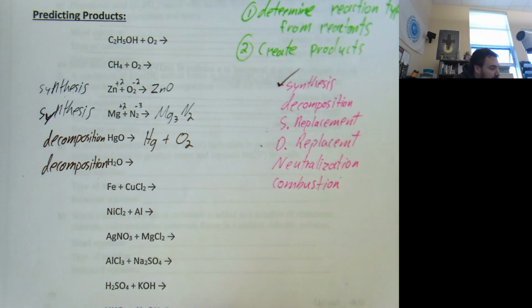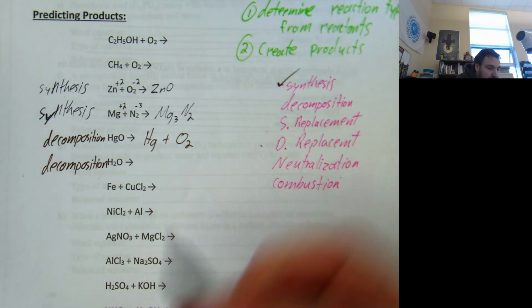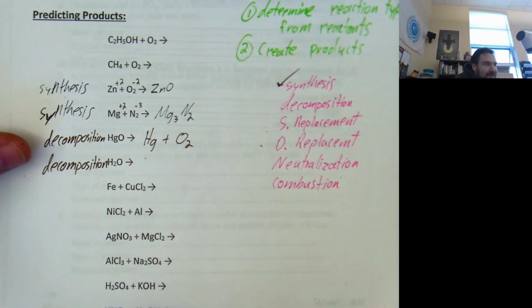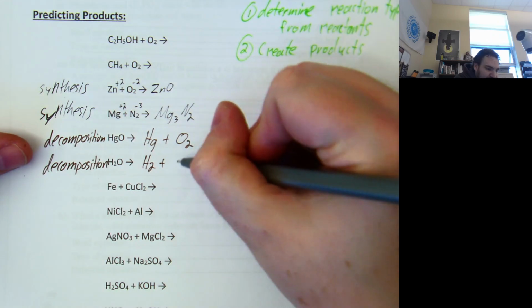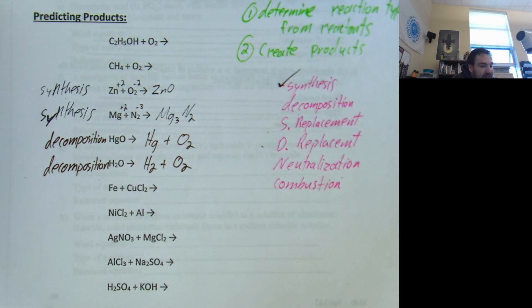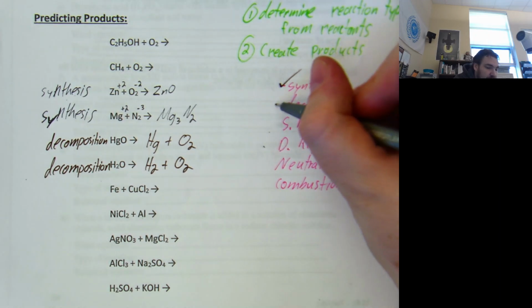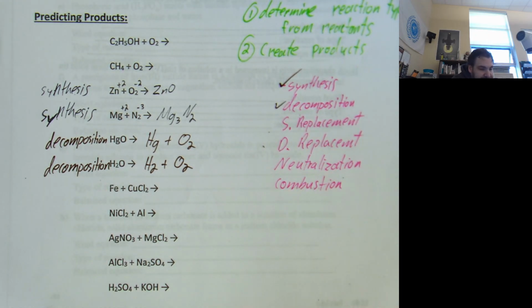So then H2O is going to break down to? It's not going to be H plus O2. It's going to be H2 plus O2. Both of those guys are diatomic. It's going to create hydrogen gas and oxygen gas. Cool. And there's nothing else on the list that only uses one reactant.